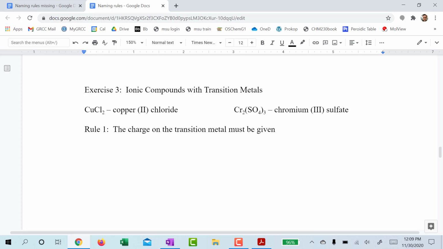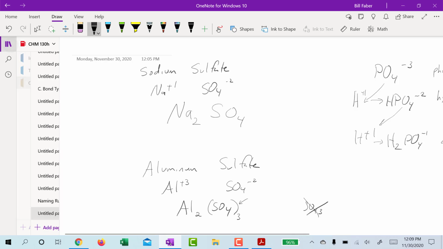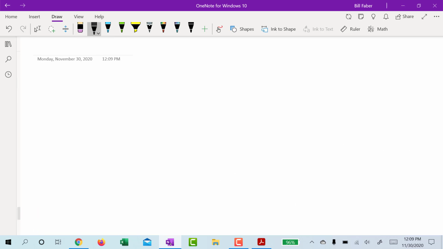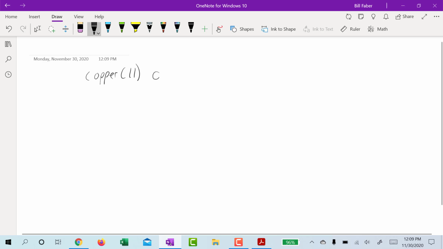So you would call this copper 2 chloride. That's how we say that, copper 2 chloride. And that's different than copper 1 chloride, which I'll draw on my paper here. So if you saw copper 2 chloride versus copper 1 chloride, and remember that's a Roman numeral, okay?